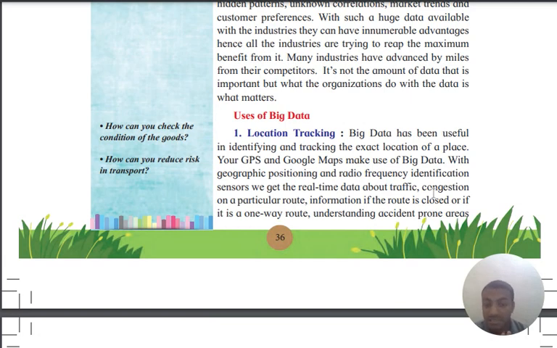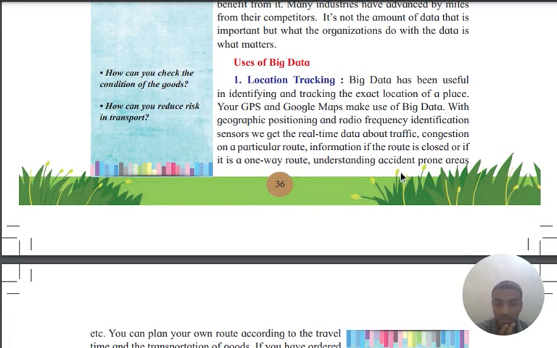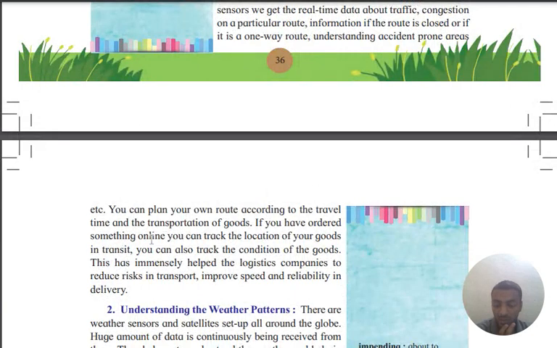With the help of sensors and geographic position, you know the congestion on a particular route, how much congestion there is, information that the route is closed, or if it is a one way road, understanding accident prone areas, etc.